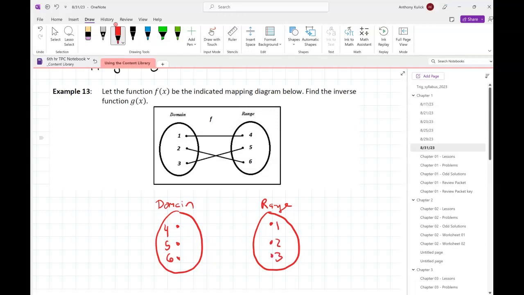So 4 should go back to 1. 5 should go back to 3. And 6 should go back to 2. And that's what f inverse should do, right? Just kind of following backwards my original mapping diagram.